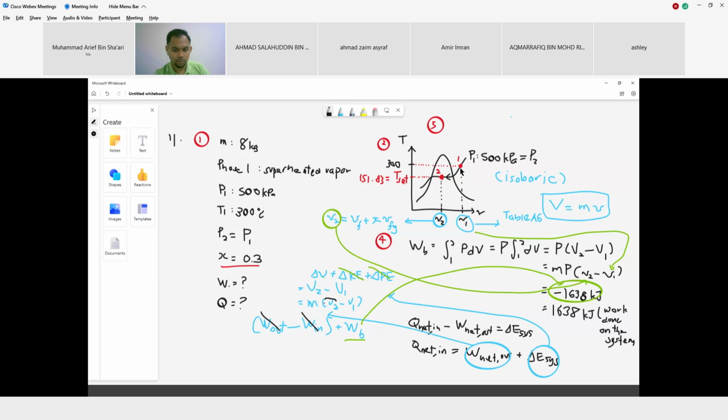To find U2 and U1, you can find both from here. The second one is U, also from the table.